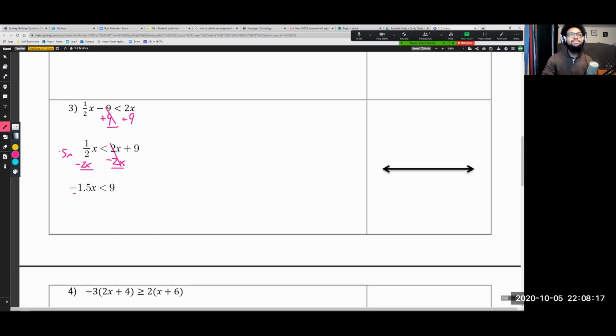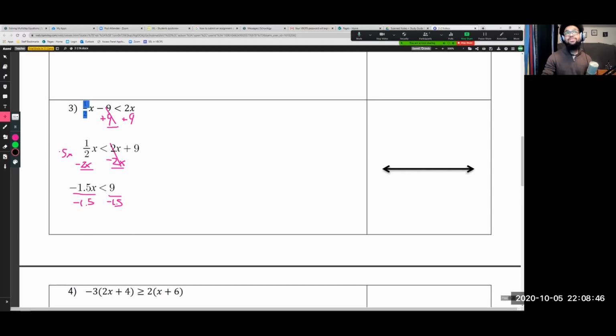All right, so now my next step to get this x by itself, to isolate this x, is going to be to divide by 1.5, divide by 1.5. And now what I'm left with is this x over here, negative 1.5. Ooh, almost missed that. Don't forget that negative sign, and that will throw your answer off.